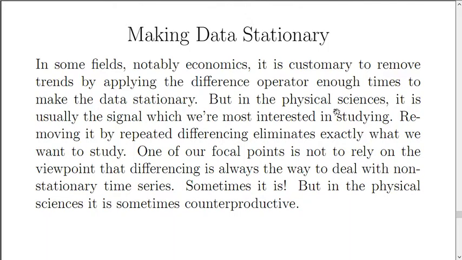Now, in some fields, notably in economics, it's customary to remove trends by applying the difference operator enough times to make the data stationary. That's fine. It works. But in the physical sciences, it's usually the signal that we're more interested in. Removing it by repeated differencing eliminates exactly what we want to understand.